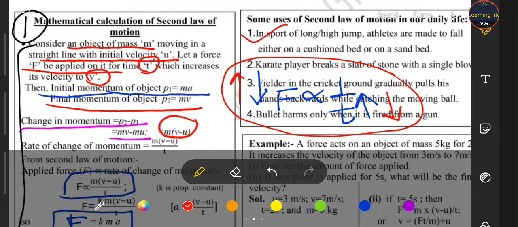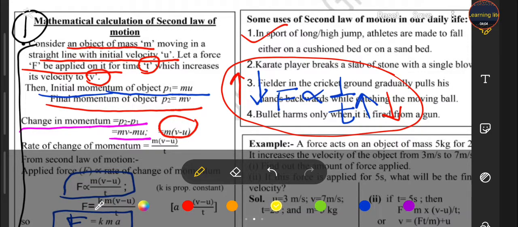Why? Do you notice in a long jump or high jump, athletes always jump on a sand bed or a cushion bed? Why can't they jump directly on the floor? Because whenever they land on the cushion bed, their time to reach the floor increases, and when the time increases, student, force decreases. They are prevented from injury.